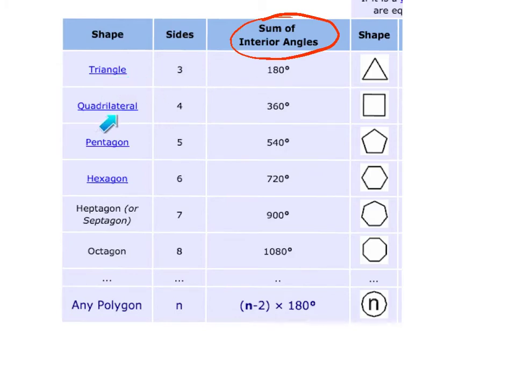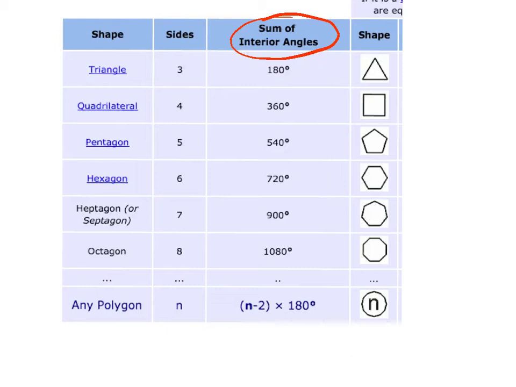In a quadrilateral, which is any four-sided shape, including rectangles, squares, and any weird-looking shapes that have four sides, it's 360. In a pentagon, it's 540. In a hexagon, a six-sided shape, it's 720. Heptagon, 900 degrees. Octagon, 1080.